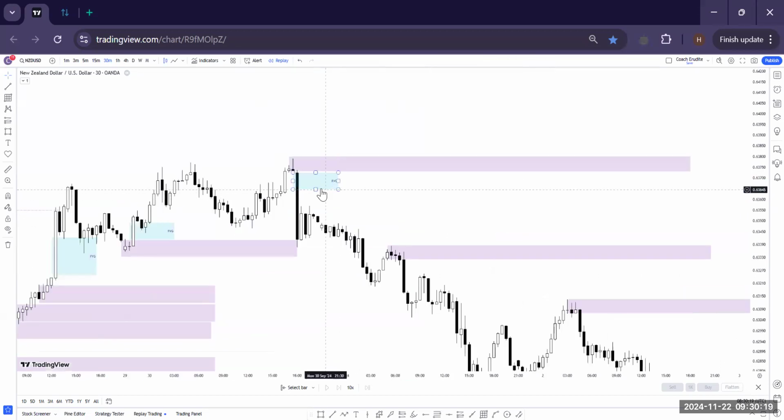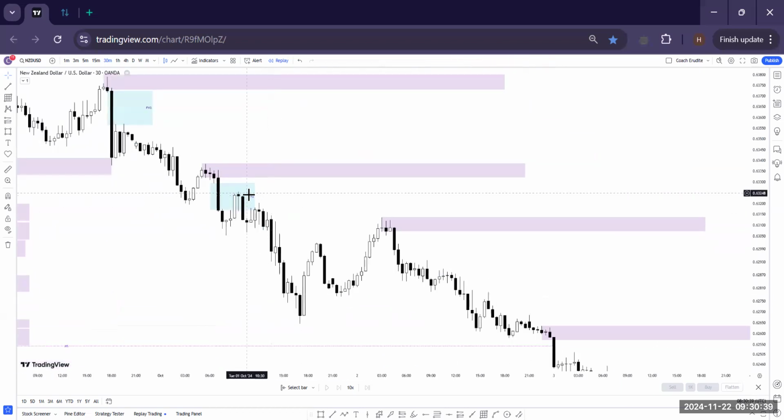Here's another gap here. And here's another gap. Price already tapped to it. Anywhere there's a gap, price must fill the gap before it continues its movement.